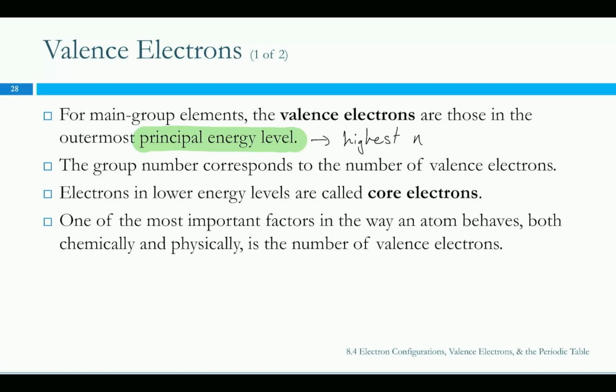Does anybody know why the valence electrons are the most important for how an atom behaves? If I take two atoms and I smash them together, the first thing that interacts are the valence electrons. It's like the skin of the atom.